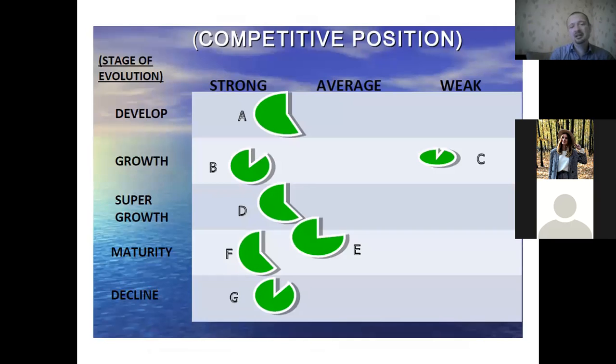And here is a possible matrix for our company.